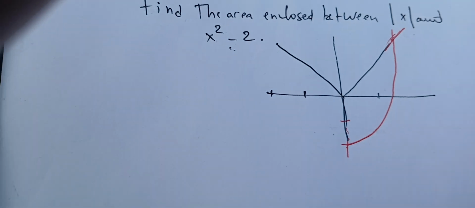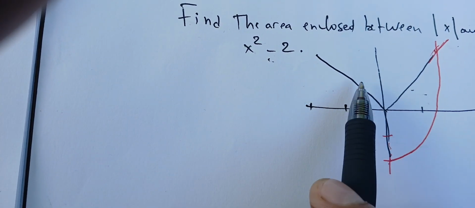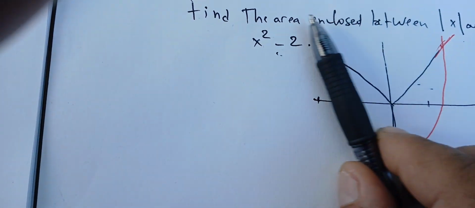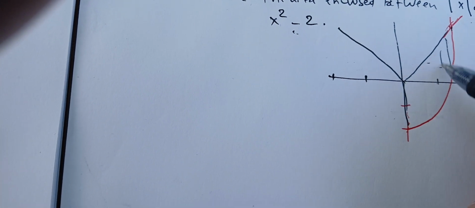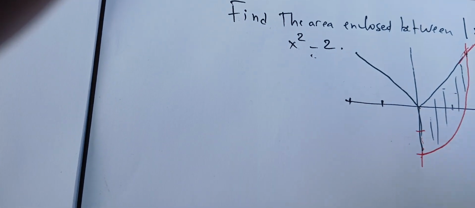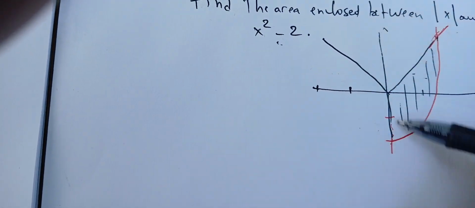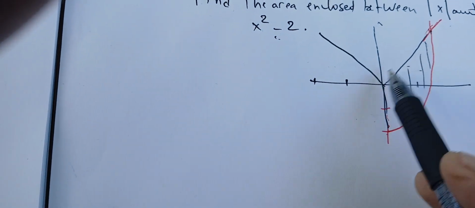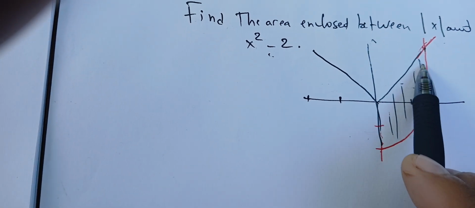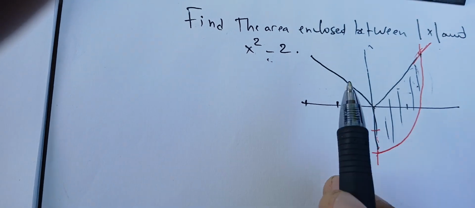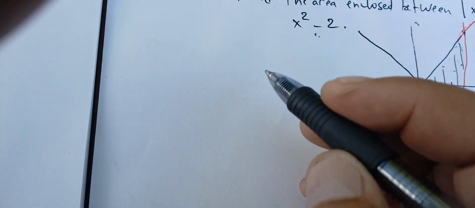Because here we're going to get a symmetric part, and the area is going to be symmetric, and therefore to find this area is to find it twice because it's symmetric with respect to the y-axis. So it's better to find it just here, and we multiply by two.